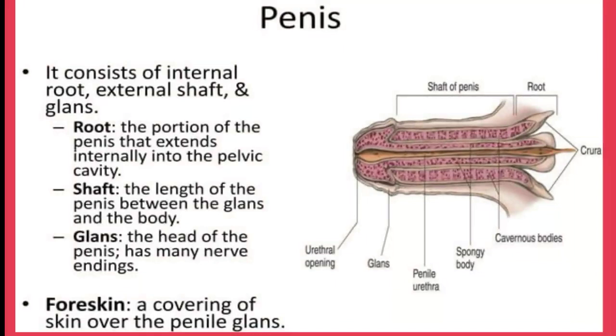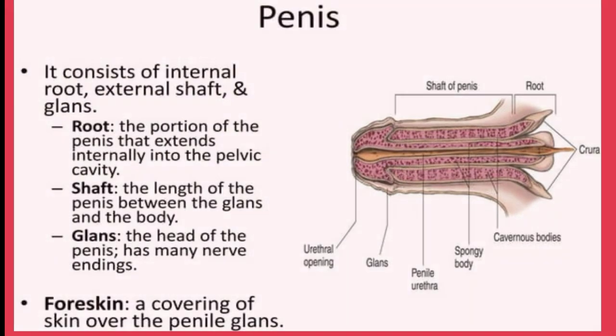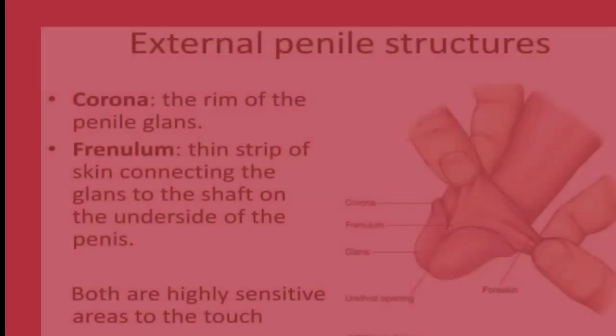The root, the portion of the penis that extends internally into the pelvic cavity. Shaft, the length of the penis between glans and the body. Glans, the head of the penis that has many nerve endings. And foreskin, a covering of skin over the penile glans.